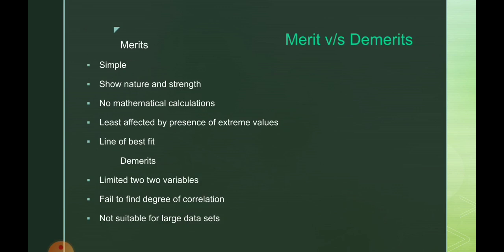So now we come to the merits and demerits. Merit means the benefits of this method. First, it is a simple method; you just have to plot the points and observe the trend. Next, it shows both the nature and the strength. Nature means whether positive or negative; strength means whether it is high positive, high negative, or low or weak.